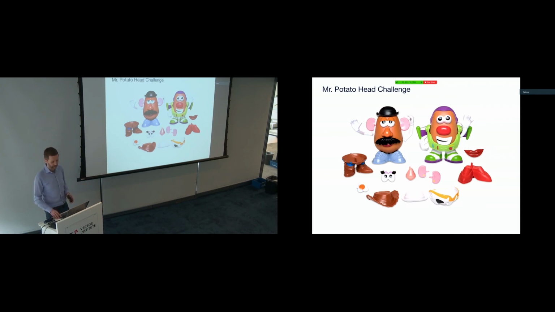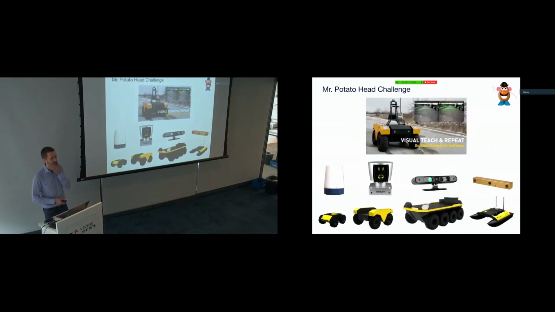What I'd really like to be able to do is build something like a visual teach and repeat algorithm where you could take any rich sensor, attach it to any mobile base, drive around to get some data without a lot of expensive ground truth, and then from a template, auto-generate the VT&R algorithm for that Mr. Potato Head combination. That's a big challenge. I think it's not something we're going to solve right away, but I'll give you some ideas about how we're approaching the problem.